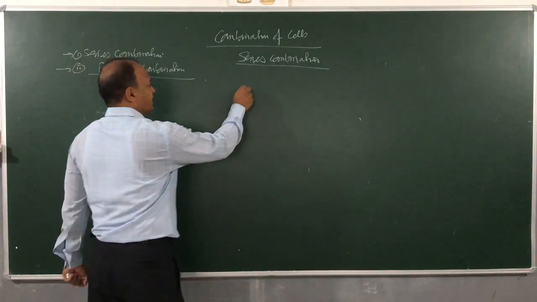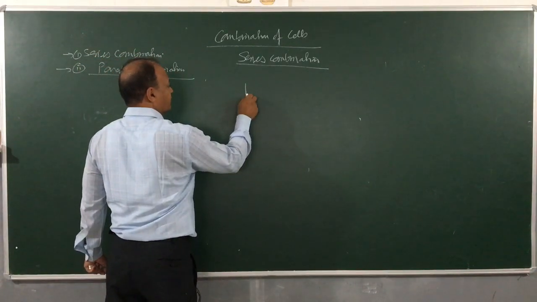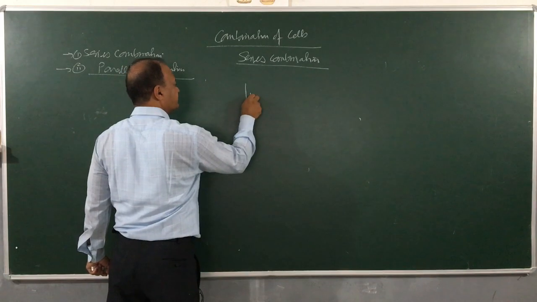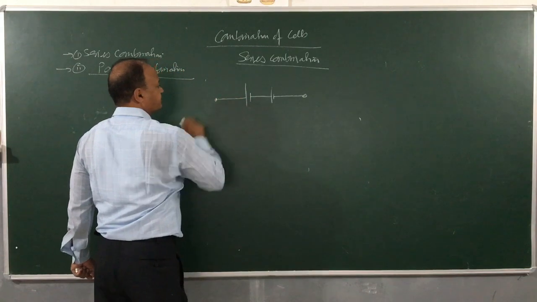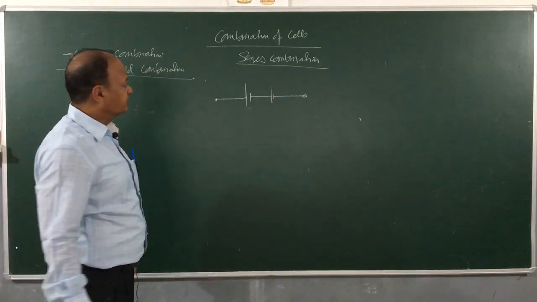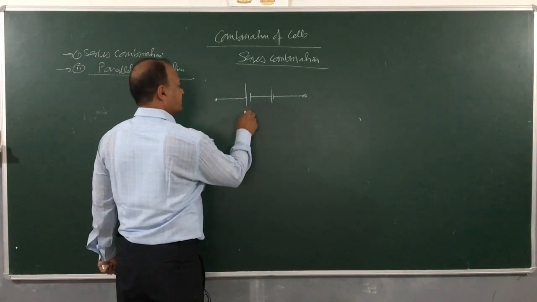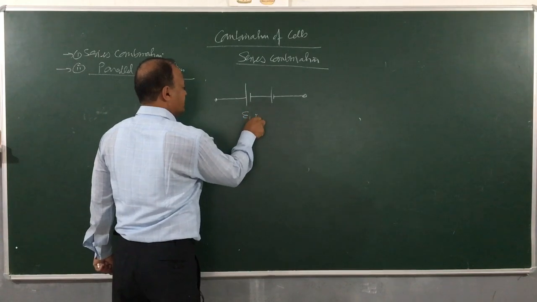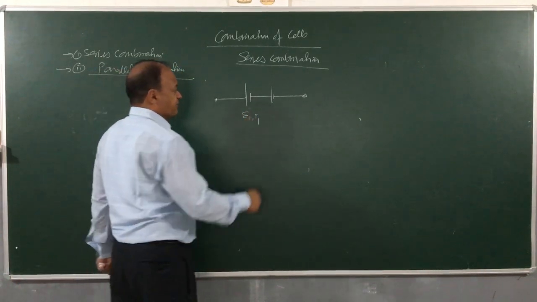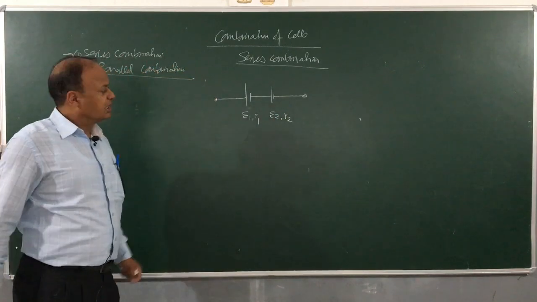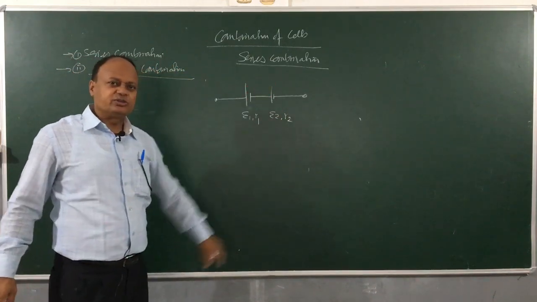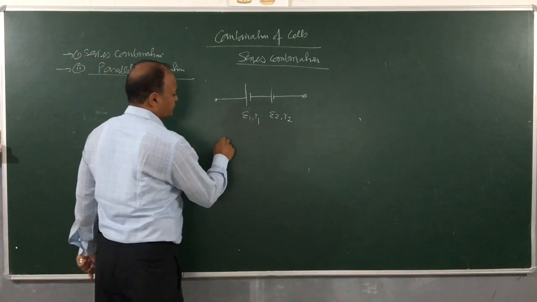So let us say like this, there are two cells, one cell I am connecting like this, another cell I am connecting like this, two cells are connected. EMF of the first cell is E1, internal resistance how much? R1. EMF of the second cell is E2, and internal resistance how much is R2. If I try to visualize these two cells, I can visualize like this also.